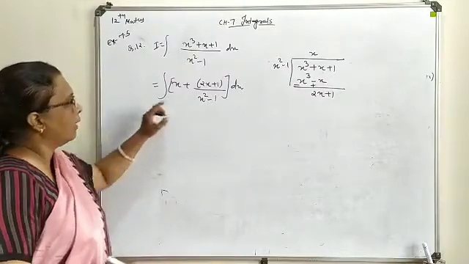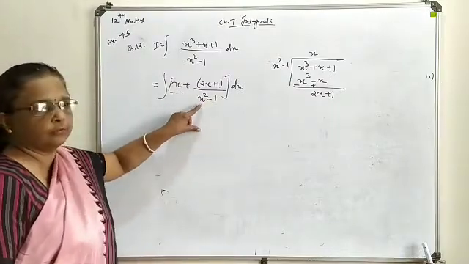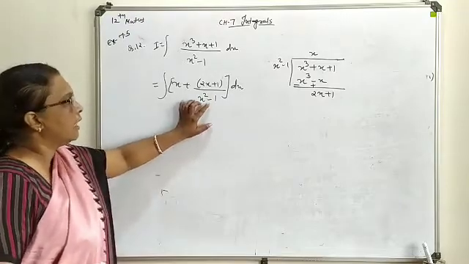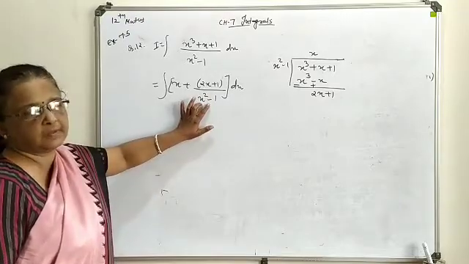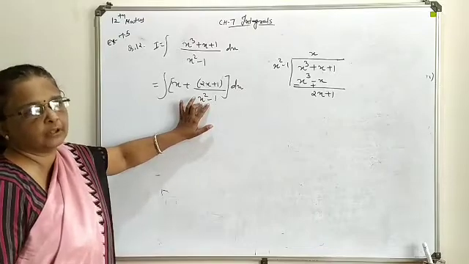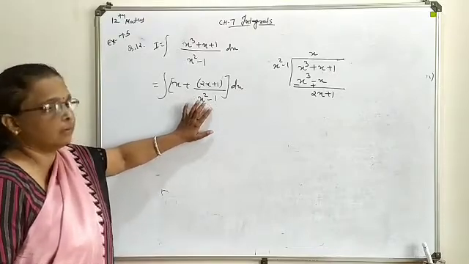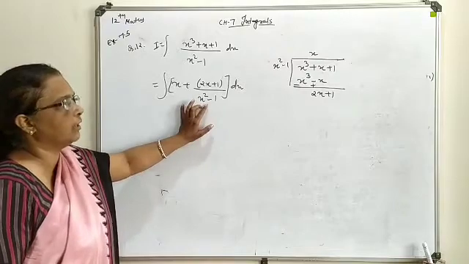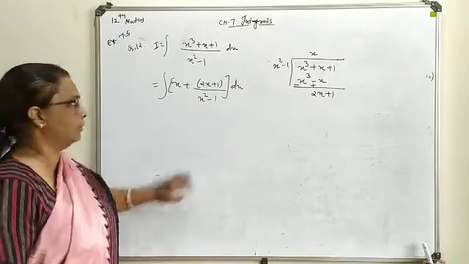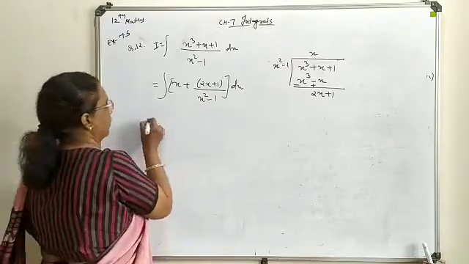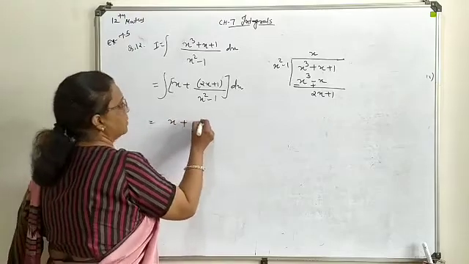First of all, you make these two separate and then go for writing the solution. Otherwise, make it factorize as x plus 1, x minus 1 and then proceed about the partial fraction method. So the method which is convenient to you, anyone you can follow over here. Here I am going to write one thing. I am just writing them separate.